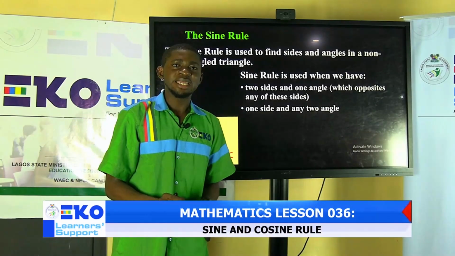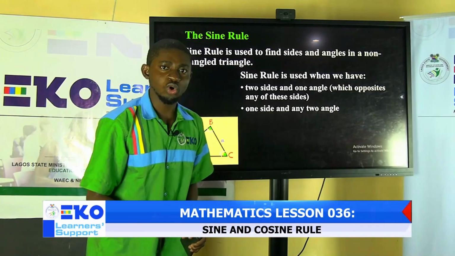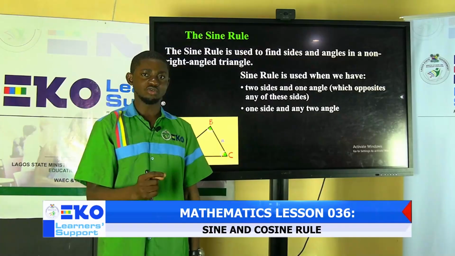Once you know that, how do we use it? Sine rule basically expresses the ratio of side to angle.